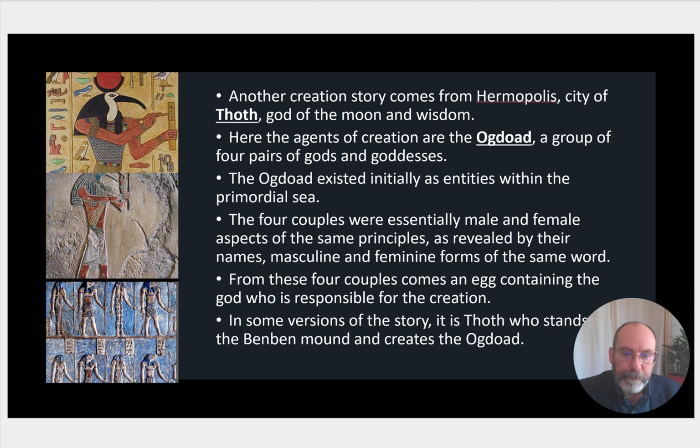The 4 couples were essentially male and female aspects of the same principles as revealed by their names, and they have masculine and feminine forms of the same word. So from these 4 couples comes an egg containing the god who is responsible for the creation. In some versions of the story, it is Thoth, who stands on the mound and creates the Ogdoad.